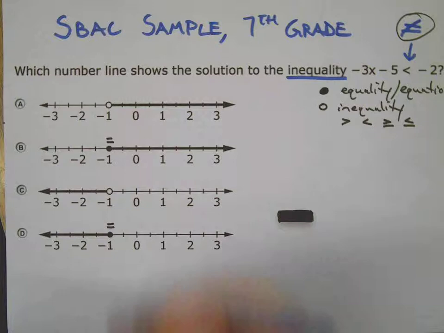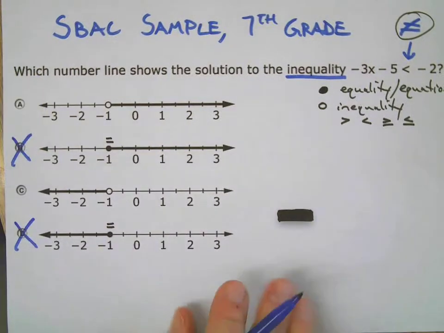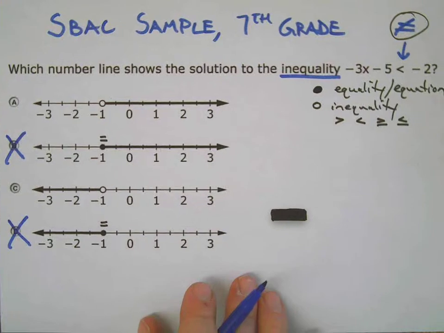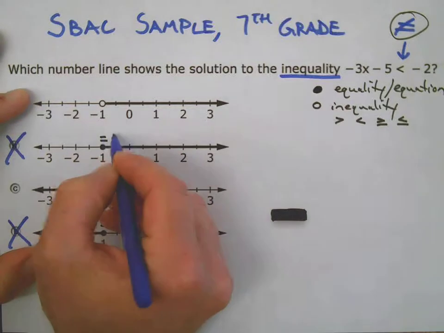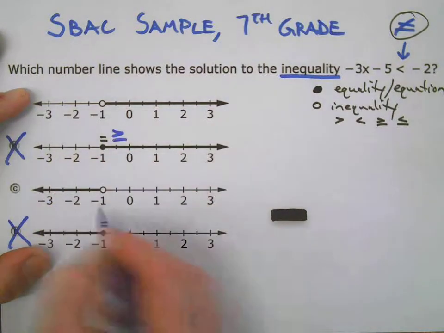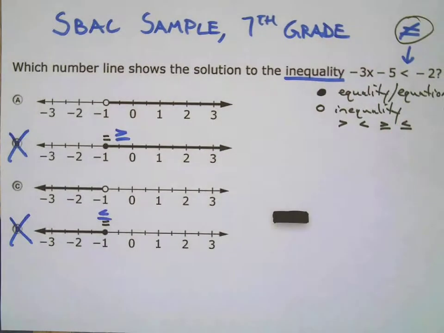So we are not going to choose B or D. So we're just eliminating a couple choices that we know not to be true. Okay, this could be an equal sign. This could also be greater than or equal to, okay? So those don't work because we have just a plain old less than sign.